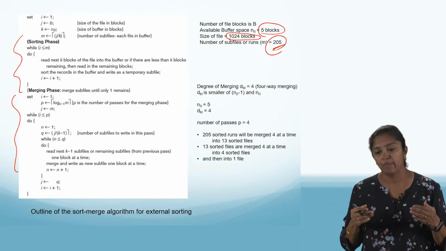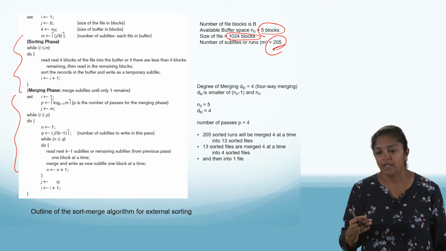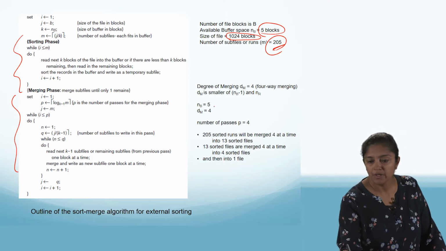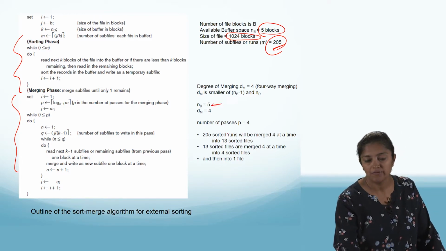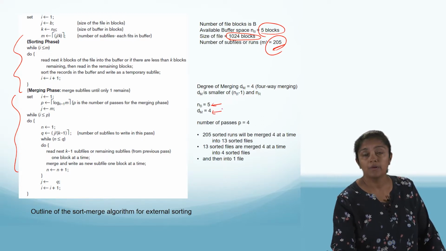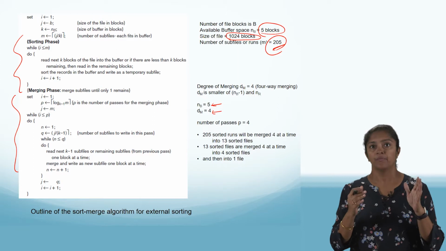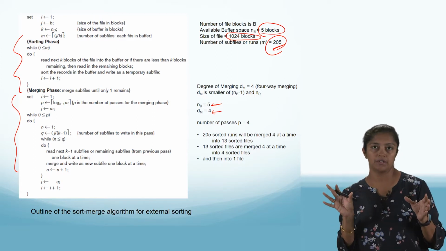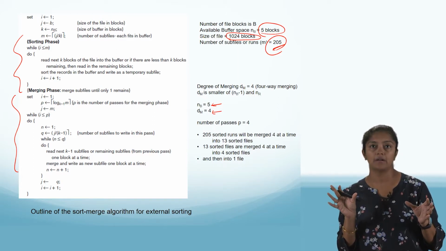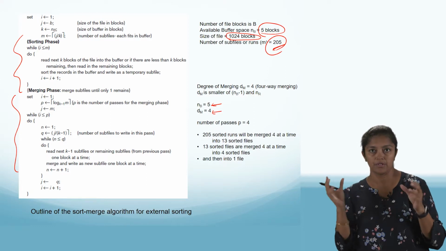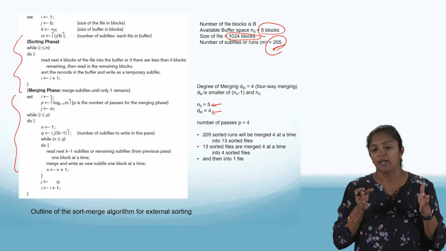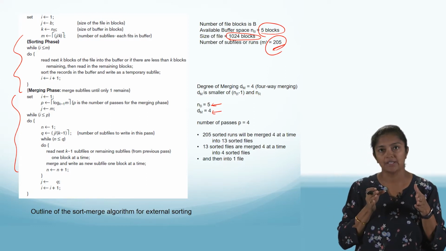So the degree of merging always has to be smaller than that buffer space. Because we can handle 5 blocks in the buffer space, our degree of merging is set to 4, because when we are doing the merging, we need to reserve 1 block to write the output of the merging. So we reserve 1 for that, and then we handle 4 subfiles at a time.